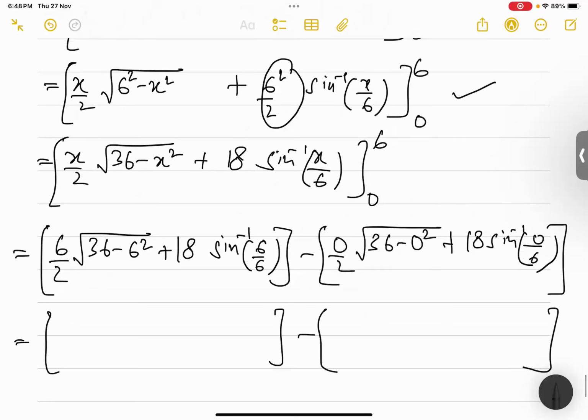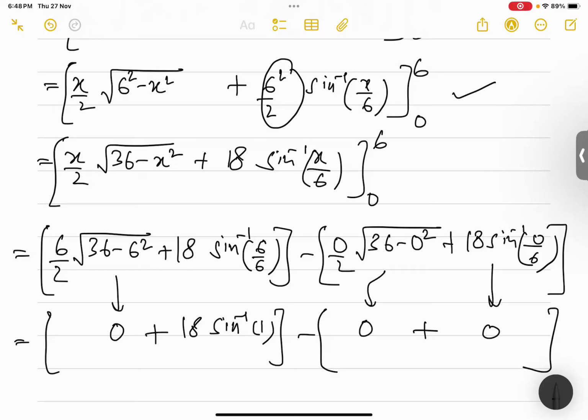Which terms will be 0? The first, third, and fourth compulsorily will be 0. And this will be sine inverse 1.